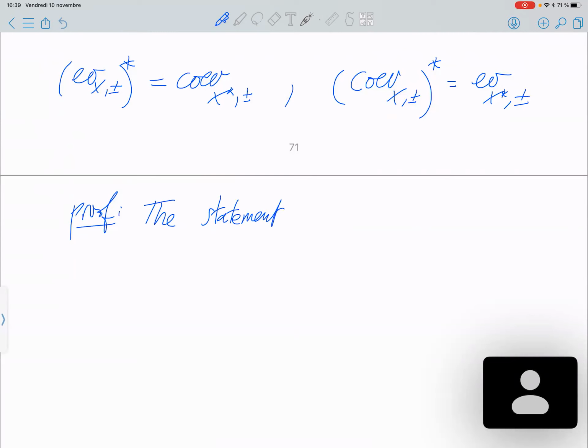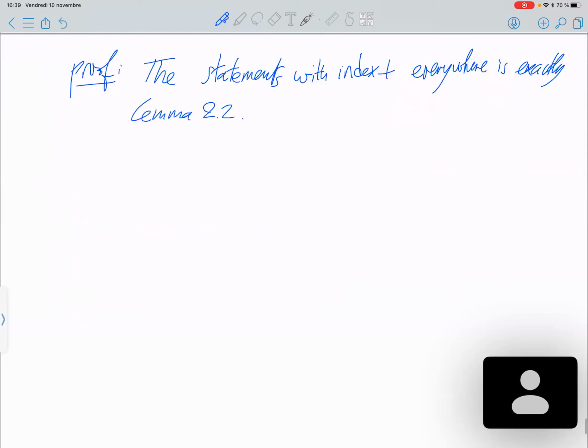The statement with index plus everywhere is exactly lemma 2.2 we prove in section 2. Now about the minus version.